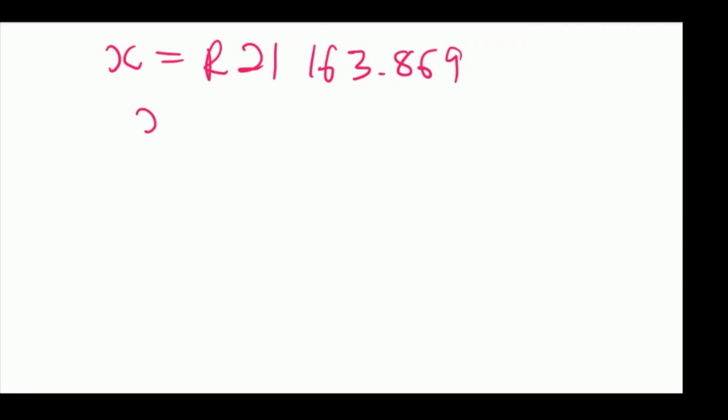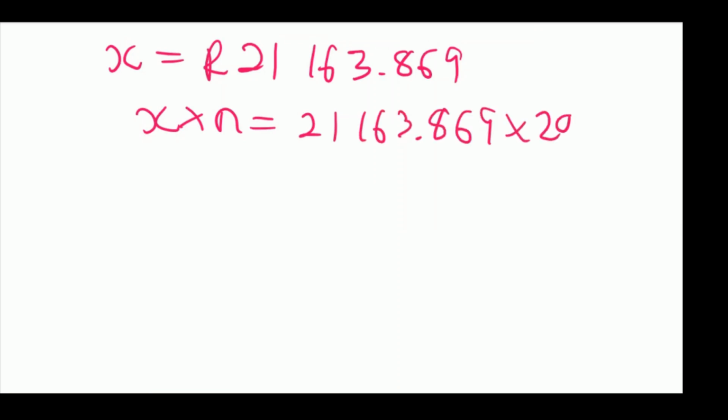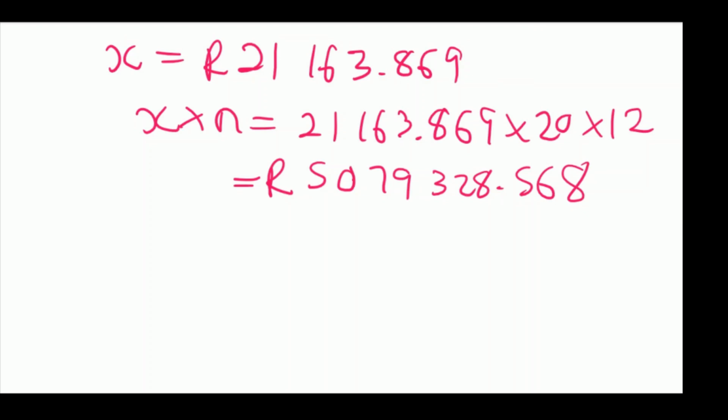So it's going to be x multiplied by n, which equals 21,163.869 multiplied by 20 years multiplied by 12, because he is going to pay monthly. So then you're going to get 5079,328.568. So this is the amount that he is going to be paying.